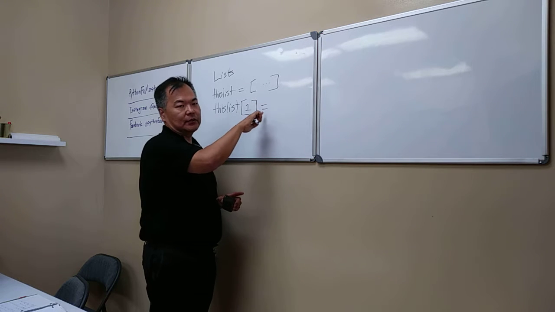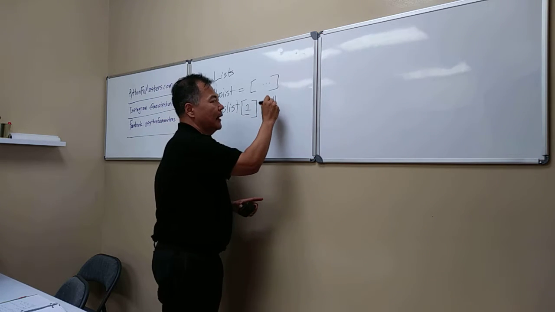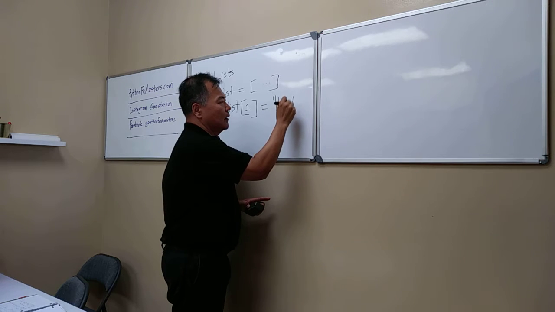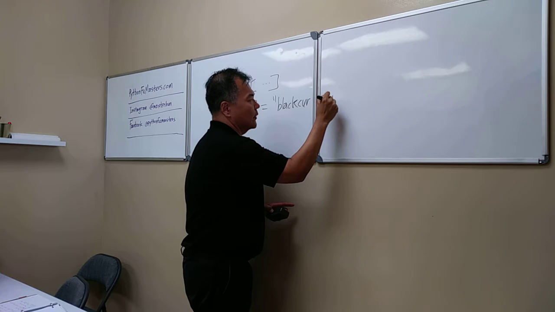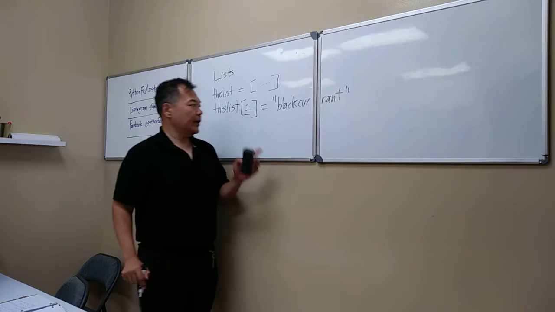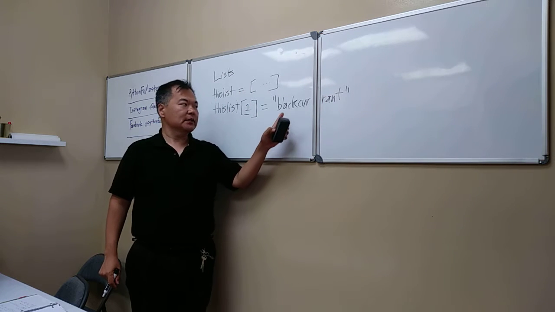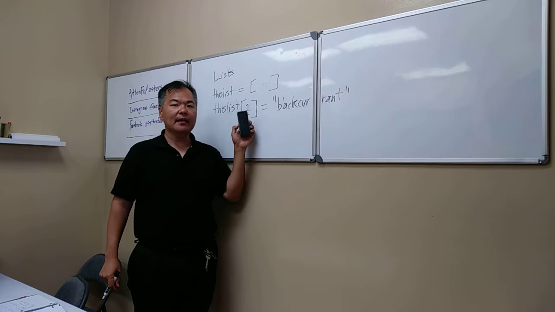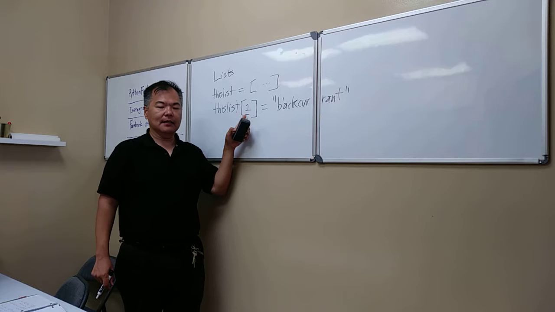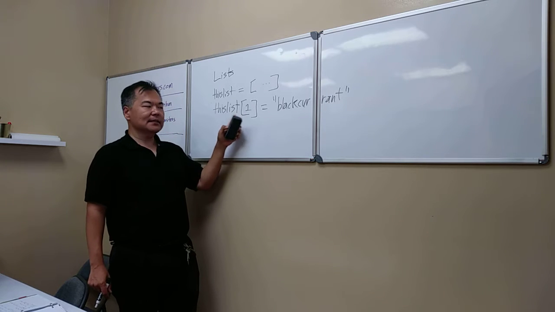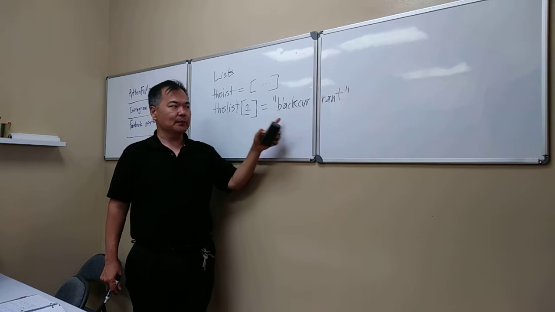Then we use the assignment operator and write blackcurrant. Instead of banana, it'll place blackcurrant, so the second item in thislist changes from banana to blackcurrant.